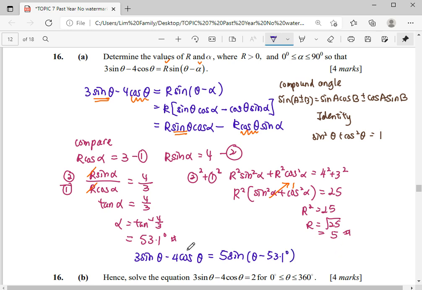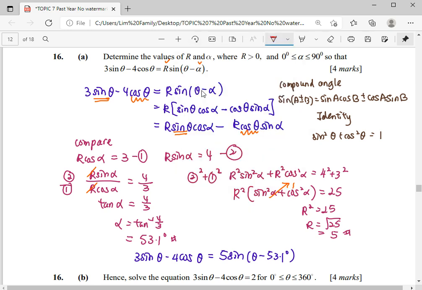So you can notice that from two basic trigo terms, now we express it in one single basic trigo term. This is the usage of the R compound angle formula.